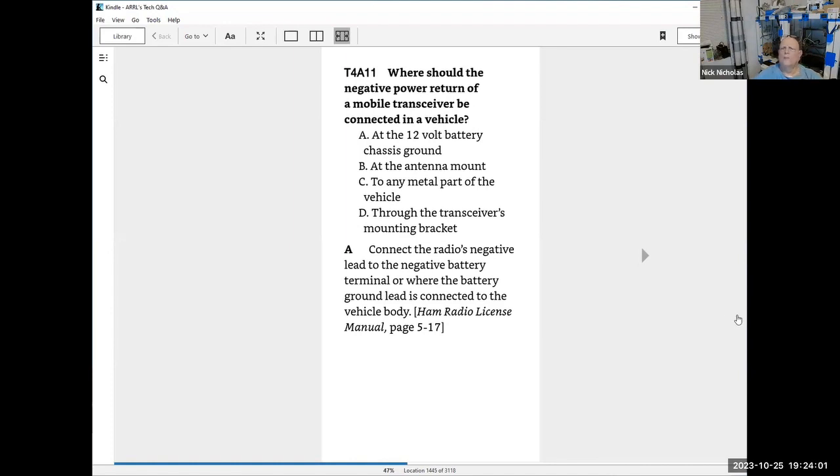Where should the negative power return of a mobile transceiver be connected? And the ground of the body of a vehicle is the entire chassis of the vehicle. But do not ground or run your power connection to the chassis of the vehicle. Two things will occur. One, any RF noise made by the vehicle will be carried down that path.